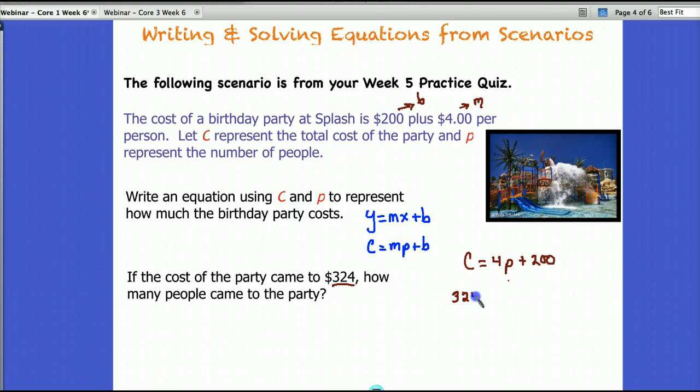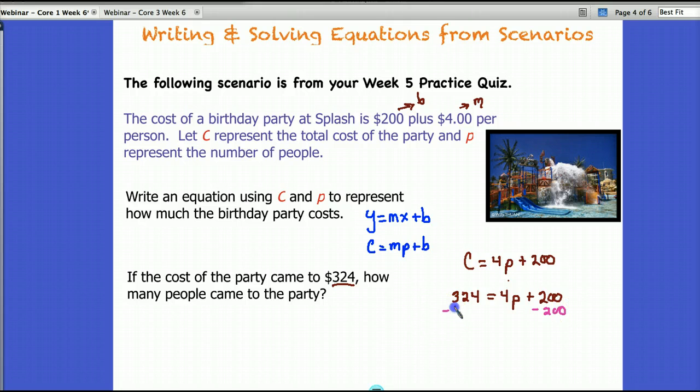So notice how I put this in here. 324 is equal to 4P plus 200. We need to actually find how many people went to the party. So we could guess and check and do that. But if you guys have an equation like this, it makes your life so much easier. Because now, because we've been practicing our solving skills, you guys can just solve it. So we will subtract 200 from both sides.